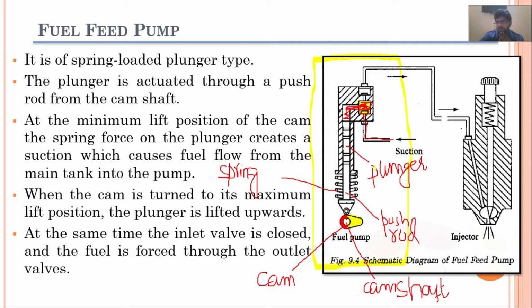you can see that since this has a larger height, the push rod will move upward, and not only will it move upward, it will also move this plunger in the upward direction as well.